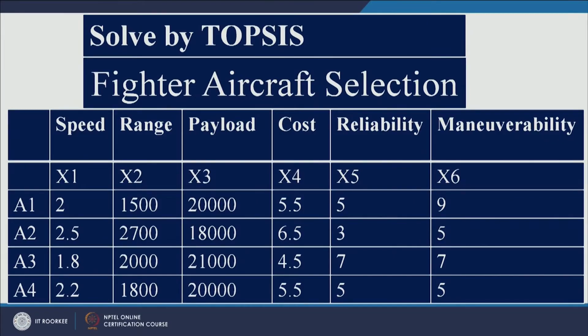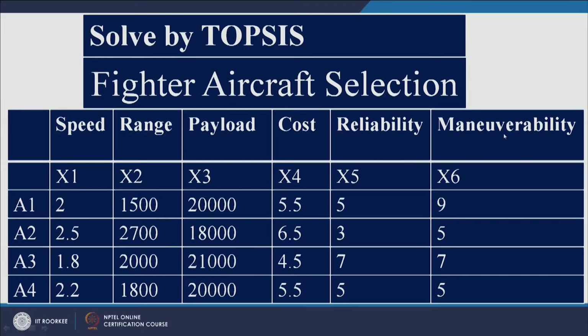Let us now move on to the next example, by TOPSIS. We have solved one example. Let us say there are 4 different types of aircraft, A1 to A4, and there are different criteria, and you have to select one aircraft out of these 4. You have got different speeds, different range, different payload capacity, different cost, different reliability and different maneuverability.